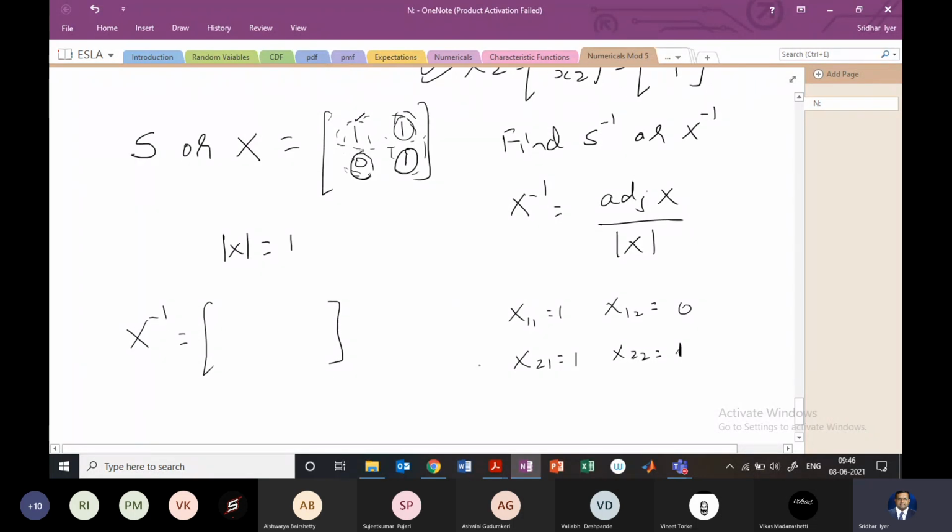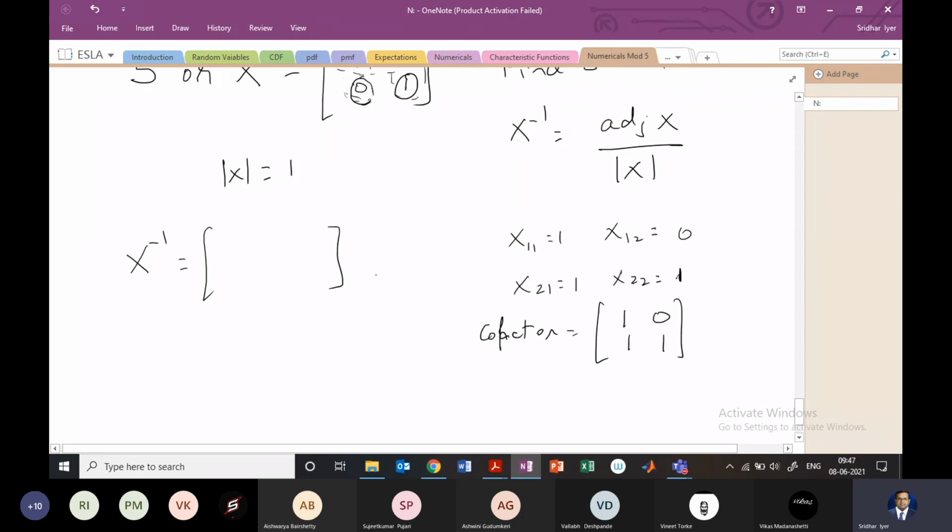Right? So to find this, the cofactor matrix. So what will be the cofactor matrix? The cofactor matrix will be 1, 0, 1, 1, right? But we need to find the transpose of the cofactor matrix. So the transpose, I'll just write it as C transpose. This will be 1, 1, 0, 1.